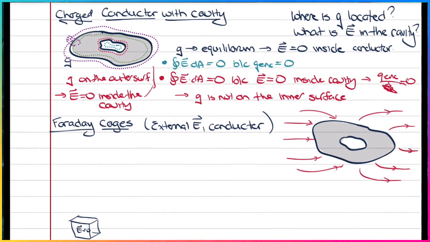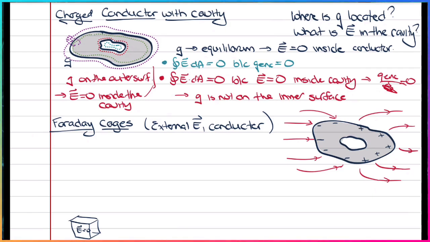You could also have a conductor inside some ambient electric field, in which case, since electric field lines point from positives to negatives, negative charges are probably going to collect on this side, which leaves positive charges on this side. Even if the conductor is neutral, charges might separate.